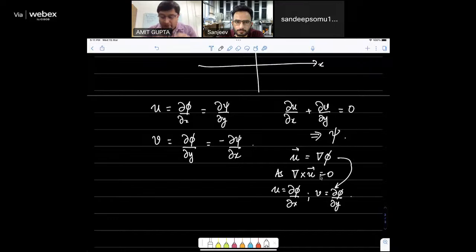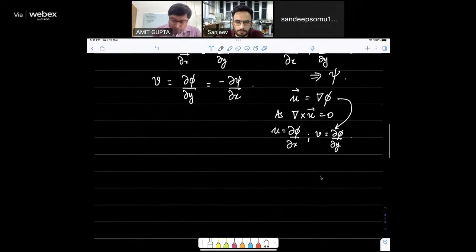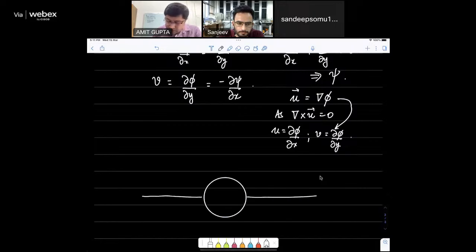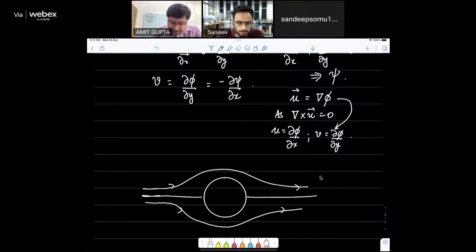If you look at maybe flow past a cylinder, let me draw that one. We take a flow past a circular cylinder, say without circulation. The flow would go like this, but there is a dividing streamline.